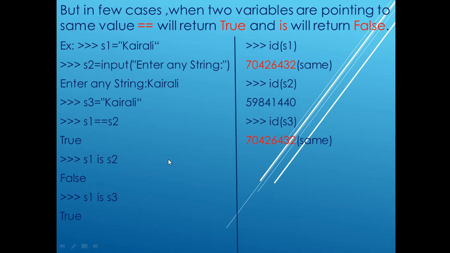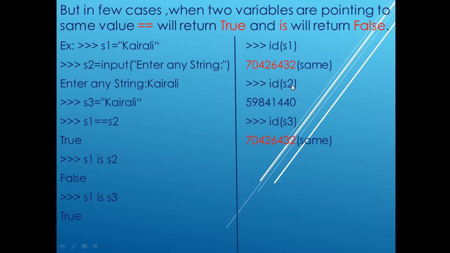Okay, so I will come to the next slide to show how this becomes false. But at the same time you can see here, if I take the ID of S1, S1 stores Kerali, so I took the memory address of S1 with the help of id. It returns 7042642. This is the location of S1.